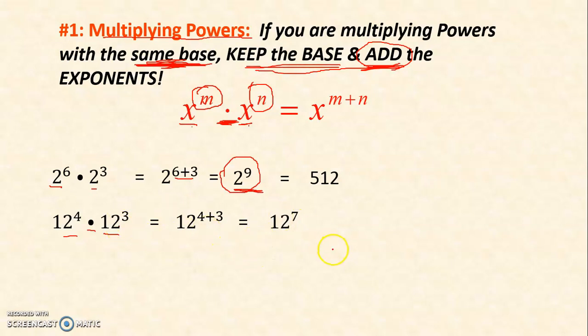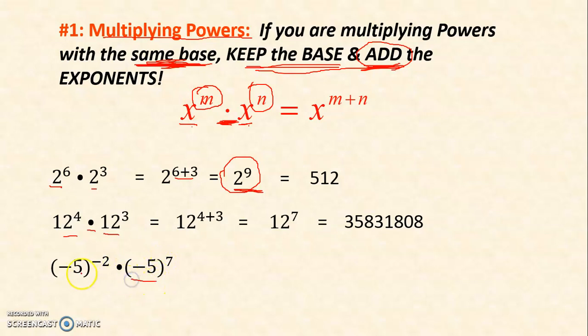Again, there are instances that you're going to give the value of 12 raised to 7. What is the value, I should say? We have here 35,831,808.